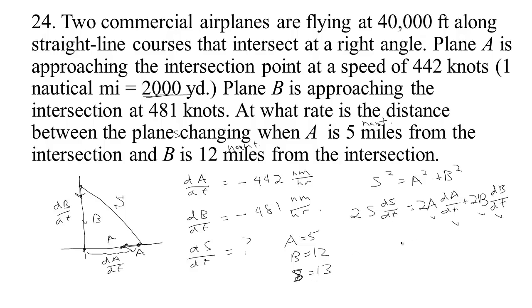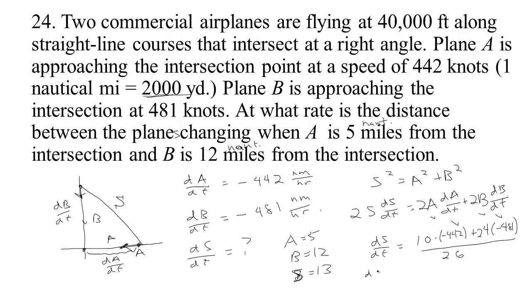13 nautical miles. So put that all together, and we have dS/dt is going to be equal to 2 times a, that's 10, times dA/dt, which we decided was negative 442, plus, let's see, 2 times 12 would be 24, times negative 481, all divided by 2s, so that would be divided by 26.